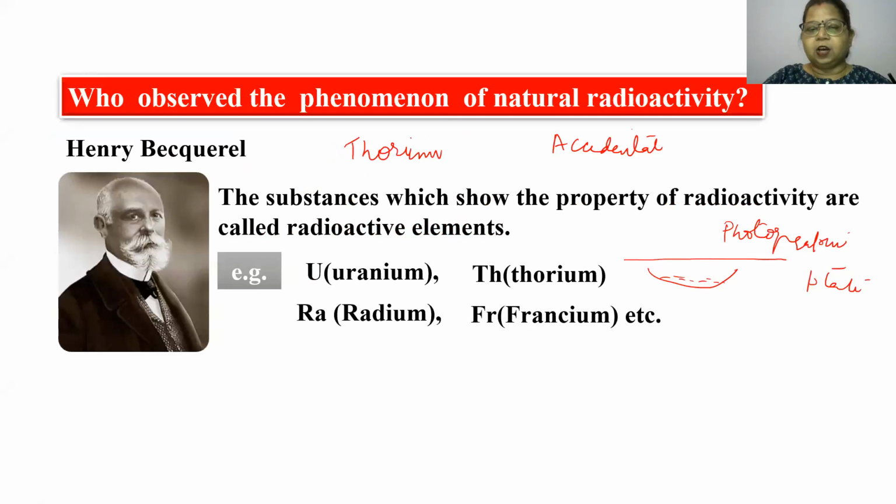So have you noted the names of the naturally radioactive substances? Yes or no? Please be louder. Grab the mic and speak. I am not able to listen to you. Yes, ma'am.